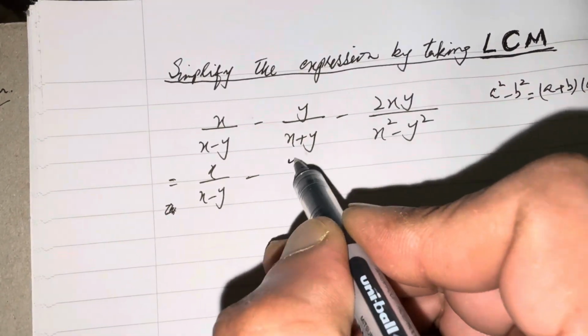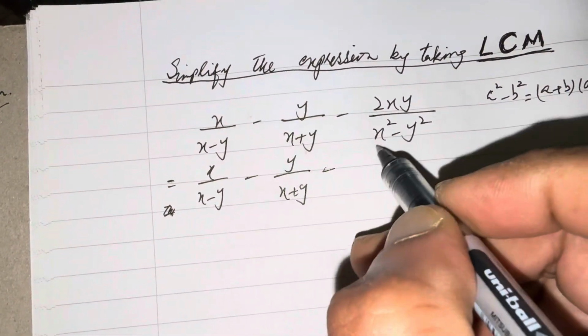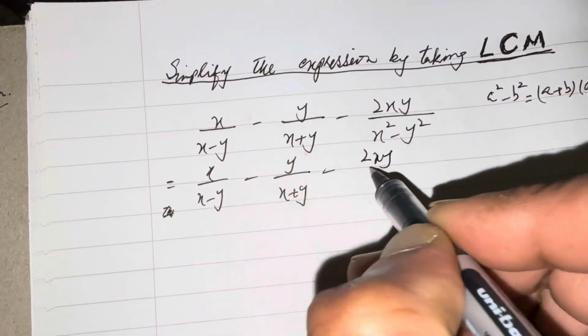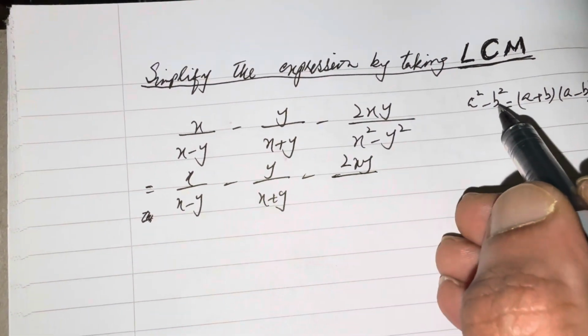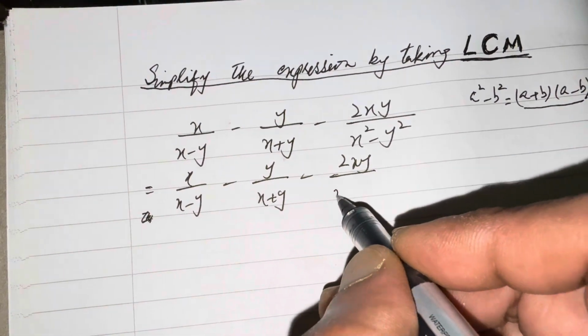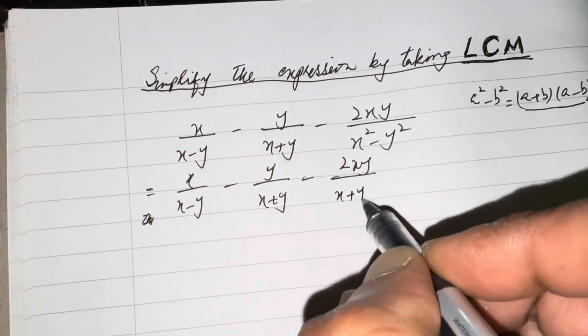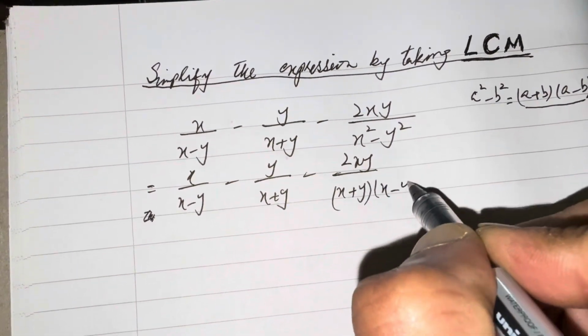So we will simplify this expression, that x over x minus y minus y over x plus y minus 2xy divided by x square minus y square. को हम लिख लेंगे इस फार्मूले की शक्ल, means first plus second into first minus second.